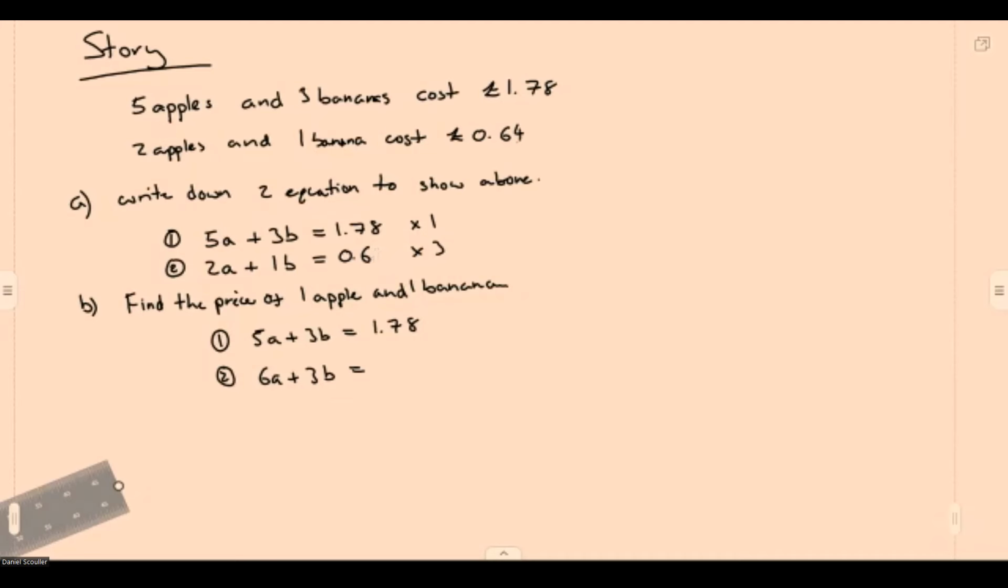So 0.64 multiplied by 3. Now that's just the column method of multiplication, a pretty standard way of multiplying. Have a wee look at it and practice it, it's good for the non-calculator paper. You're multiplying each digit as they come, right to left.